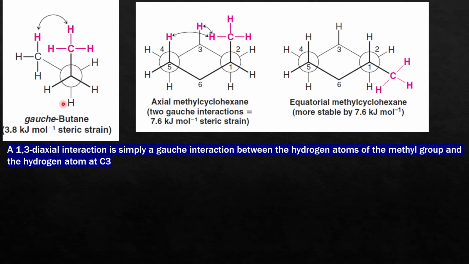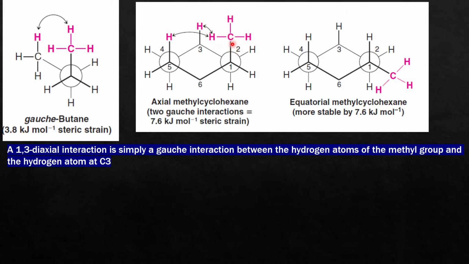However, in the Gauche conformer of butane, there is only a single 1,3 interaction. In the case of axial methyl cyclohexane, there are basically two 1,3 interactions. So this is one 1,3 interaction, and this is another 1,3 interaction.